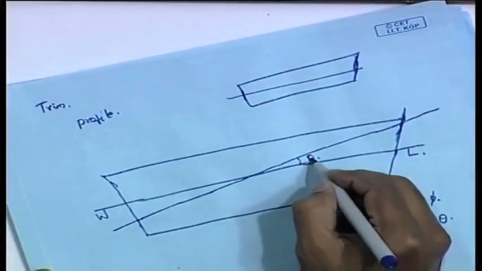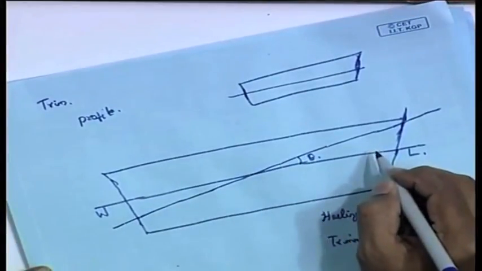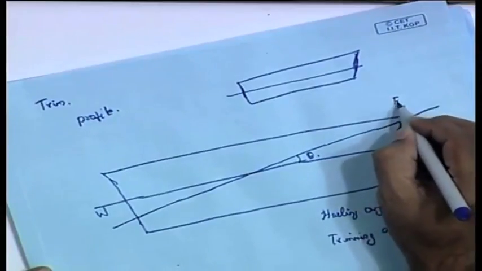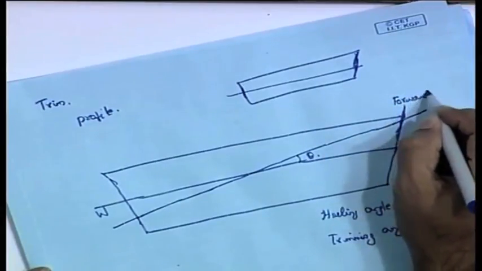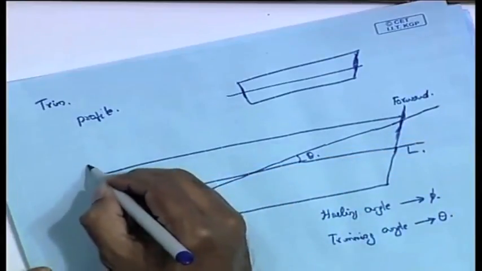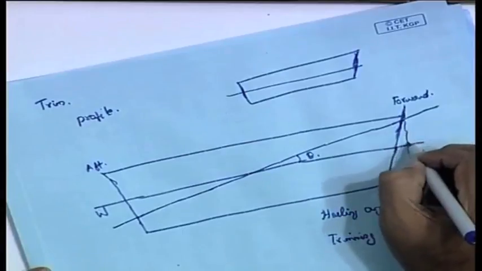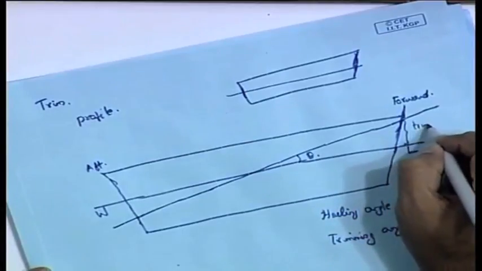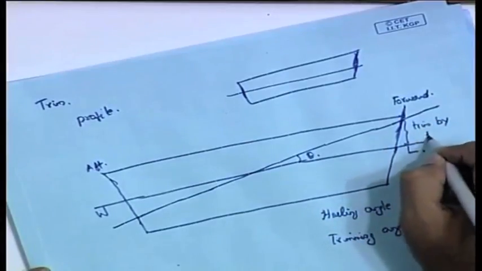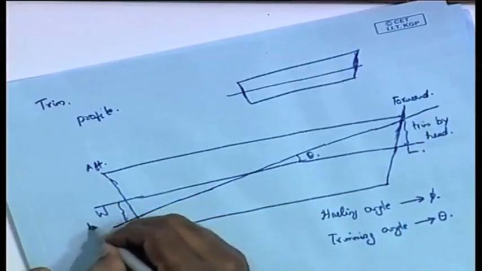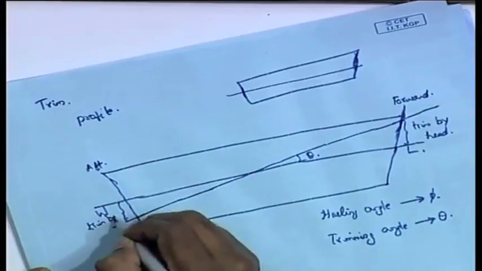So, you have theta, the trimming of the ship, and let us assume this is the forward side of the ship and this is the aft side of the ship. So, we define it like this. This distance is known as trim by head, and this distance is known as trim by stern.